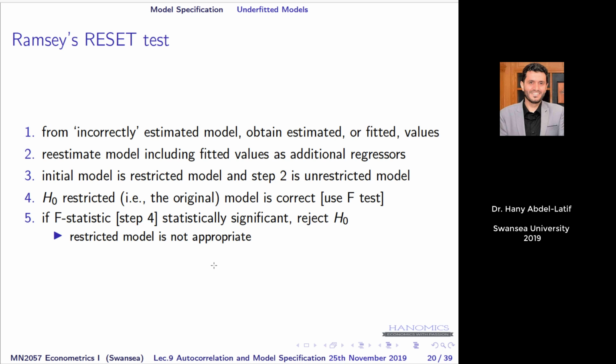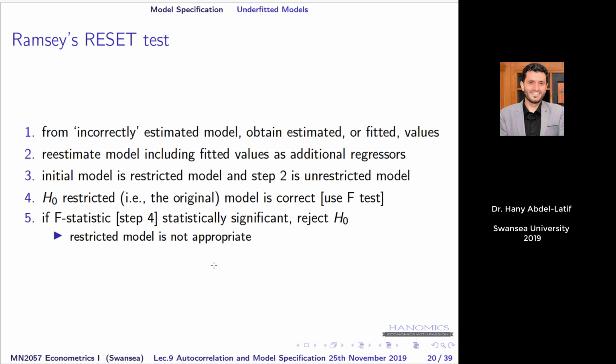So the one that doesn't have all the variables, the one that has some variables omitted from it. And then you obtain the fitted values, which is your y hat. Okay? And you plug this y hat in your right-hand side. The second one, in which you include your fitted values as an additional regressor, this will be the unrestricted.